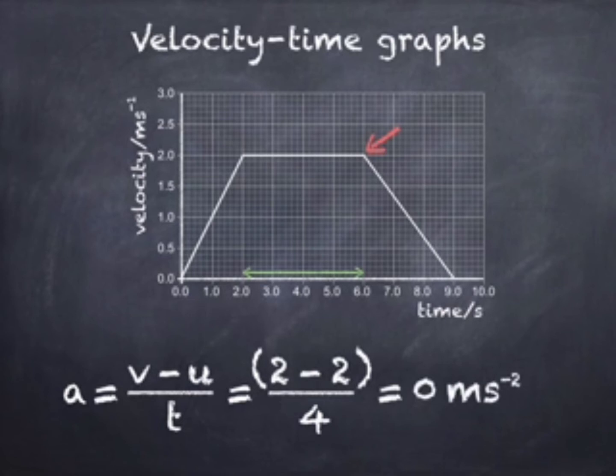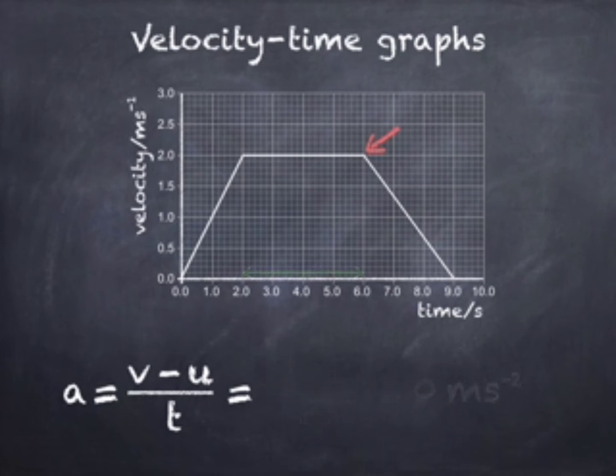In the third section, which is a constant deceleration, the initial velocity is 2 meters per second, while the final velocity is 0 meters per second. The time taken is 3 seconds, which is from 6 to 9 seconds.